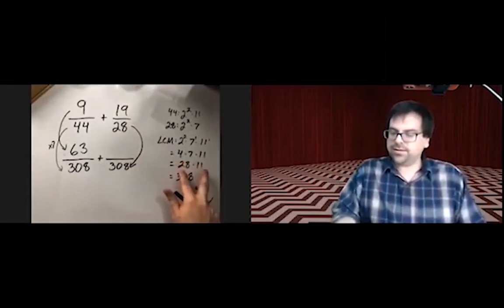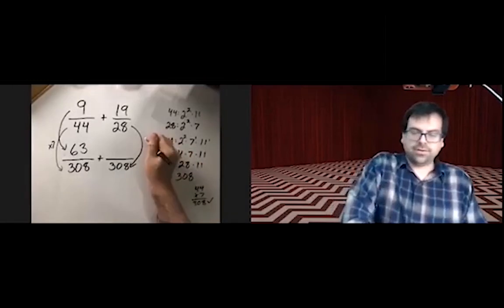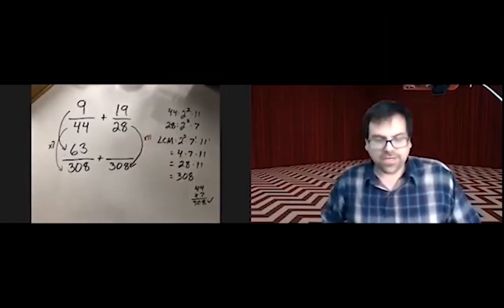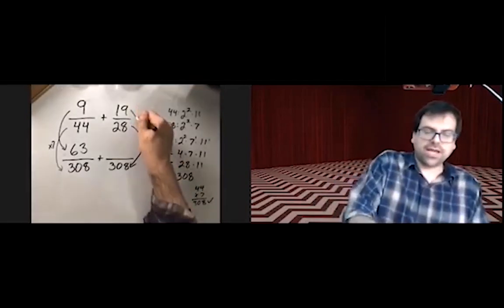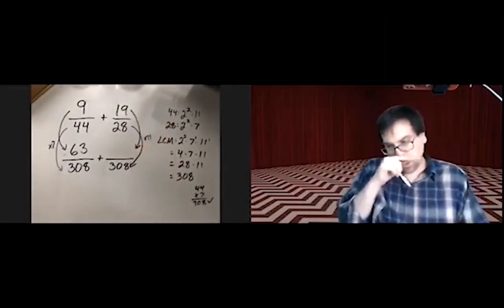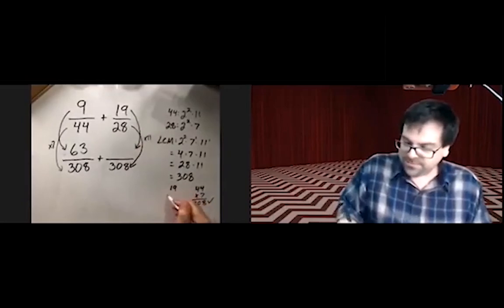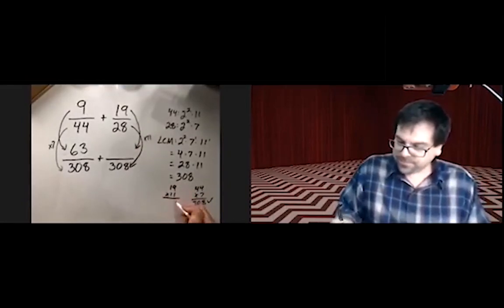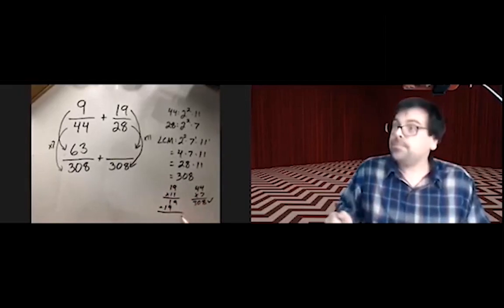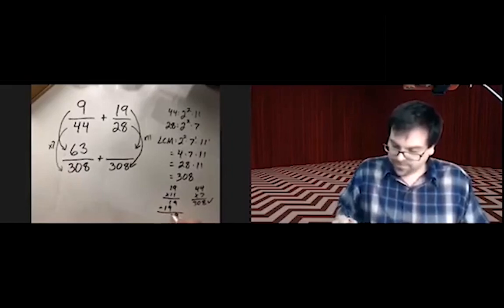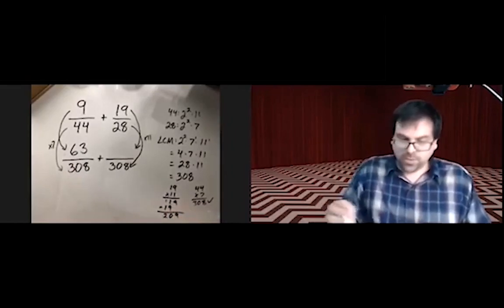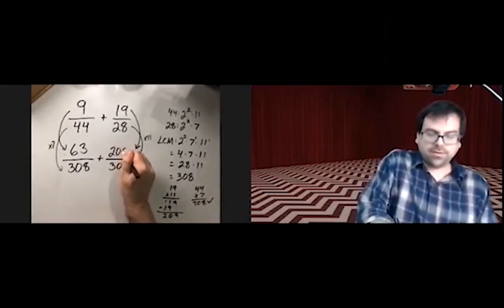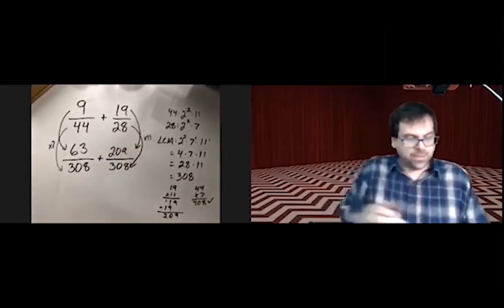There's 28. 28 times 11 was 308. So we have to do 19 times 11. We get 209.